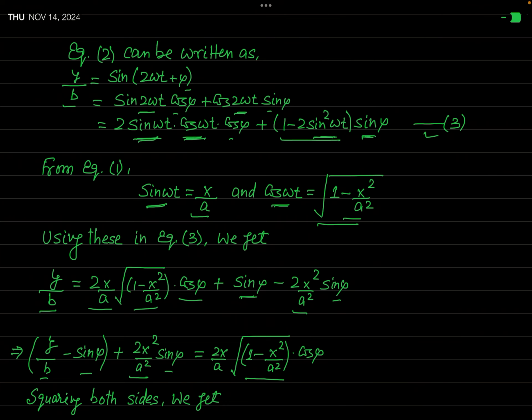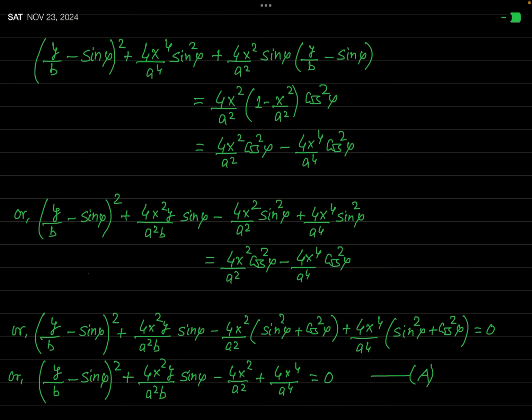So you can see, after squaring, what will be our result? This will be y over b minus sine phi whole square plus 4x4 over a4 times sine square phi plus 4x square over a square times sine phi times y over b minus sine phi. We have used the formula for the expansion of a plus b whole square.